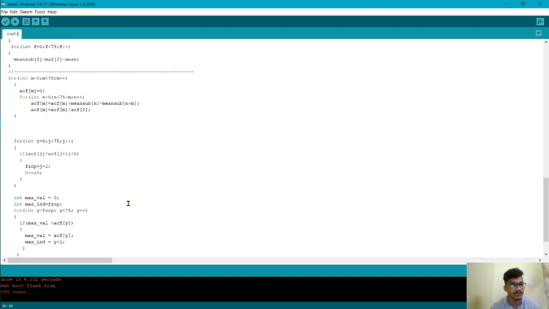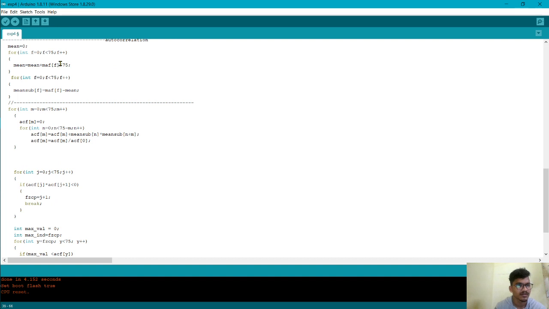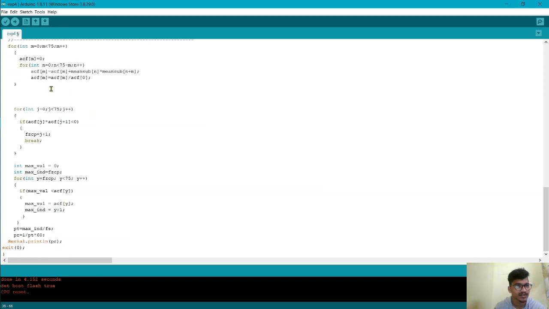Now let's check with the autocorrelation function. So I'm going to go fast. We have taken the mean and we have removed the mean, and then we are going to find the autocorrelation function. Then we need to find the highest point. So from there we are going to find the pulse rate using this. So let's check the output.